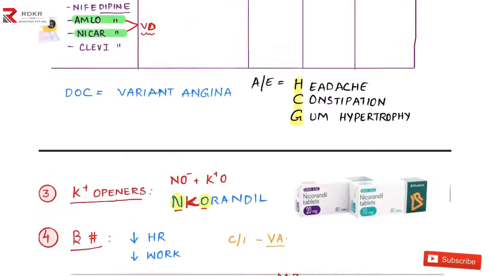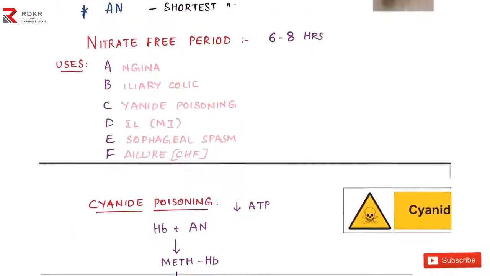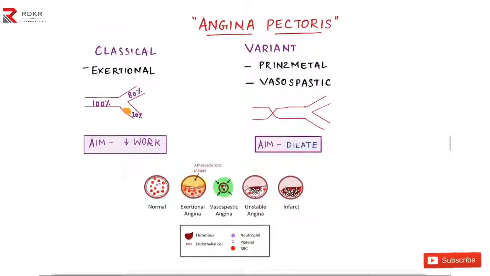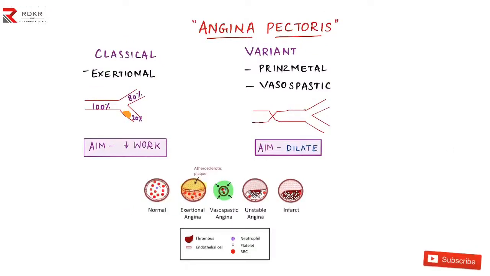This was all about angina and their drugs. And there are also a few newer drugs which are used to treat angina pectoris, which we will discuss in the next video. And I hope all the information provided is clear, and I have also provided a few images of the drugs for your remembrance.